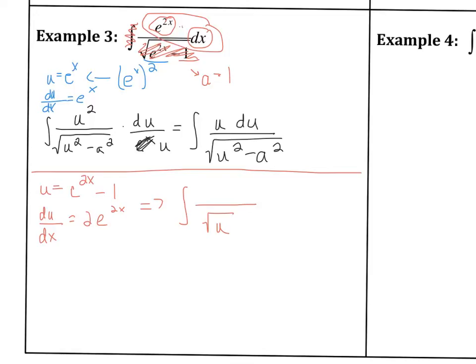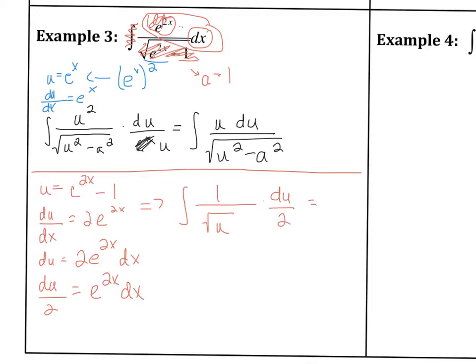I'm lazy. So from here, if I multiply both sides by dx, I get du is equal to 2e to the 2x times dx. Therefore, du over 2 is exactly equal to e to the 2x dx. So let's write that in. All right, du over 2.